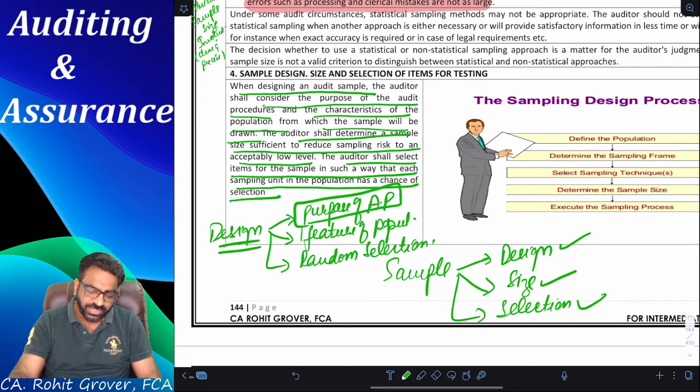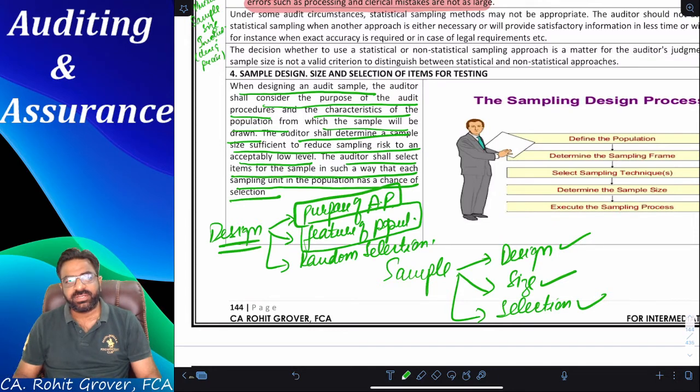Second thing, features of the population. Tell me one thing, what if it is a homogeneous population and what if it is a heterogeneous population, where are you going to follow stratification and where need you not follow stratification? If I want to know the total population of the country, I go into sample size.